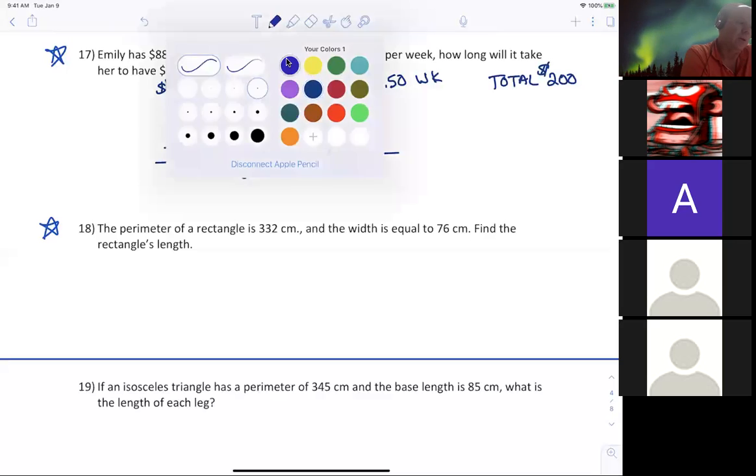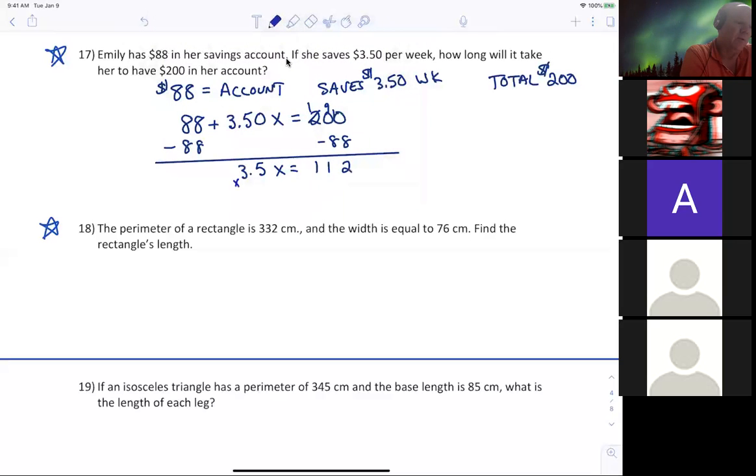I'm going to multiply by 2 first. I'm allowed to do that. Now, why do I do that? Because if I double 3.5, I now have 7x is equal to 224. And look how much easier that is now to divide.